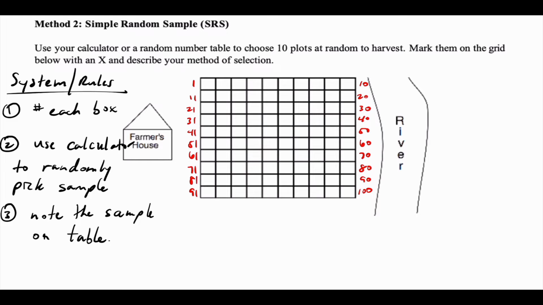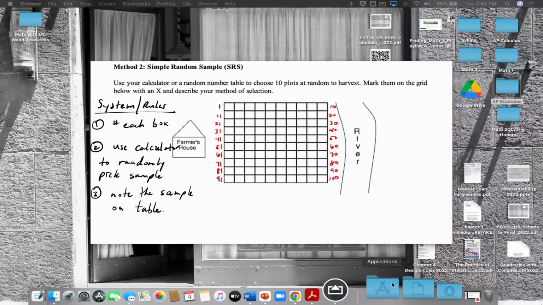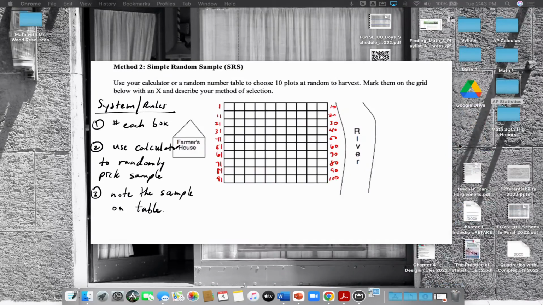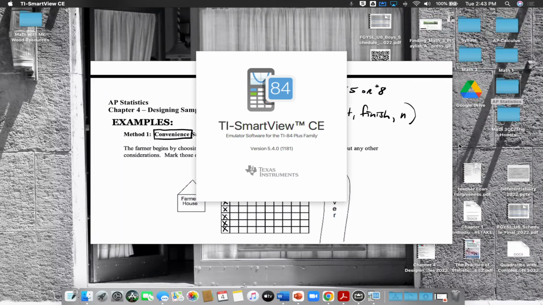So let's go back to our calculator. Let's go over how to get random, the algorithm for randomness. On the calculator, the directions are, remember, math, probability.